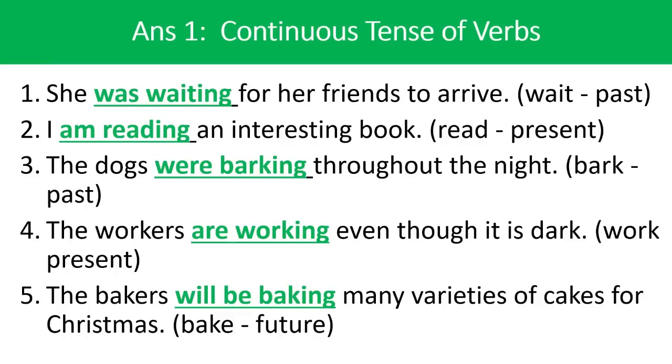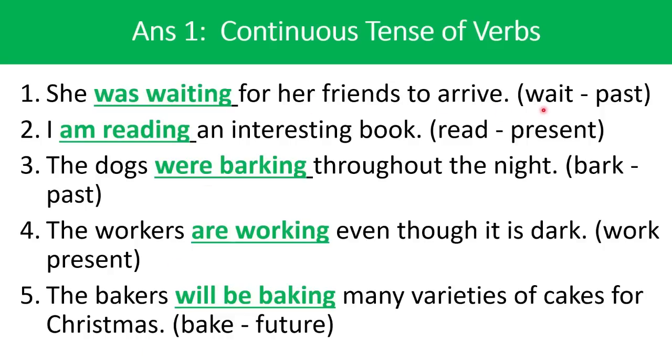Here are the sentences with answers which you can see written in green. The first one, she was waiting for her friend to arrive. The verb is wait, past continuous. So waiting, for all continuous forms we use the ing form of the verb.